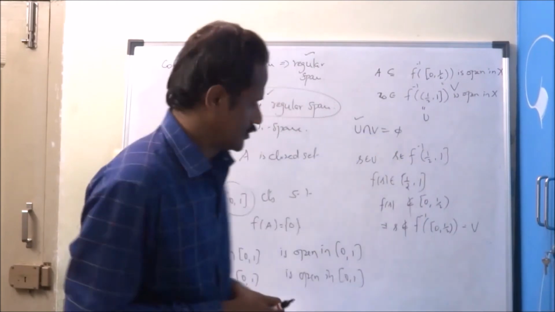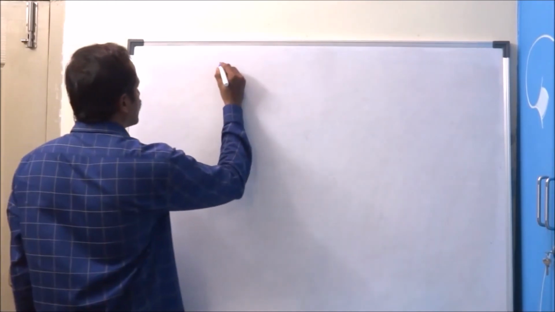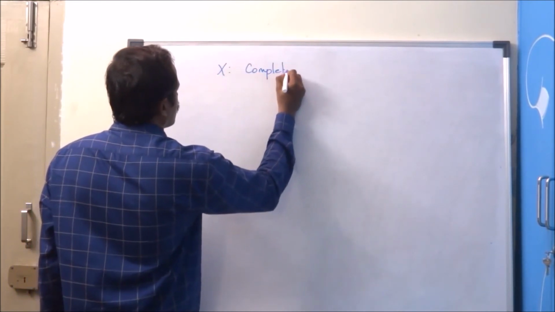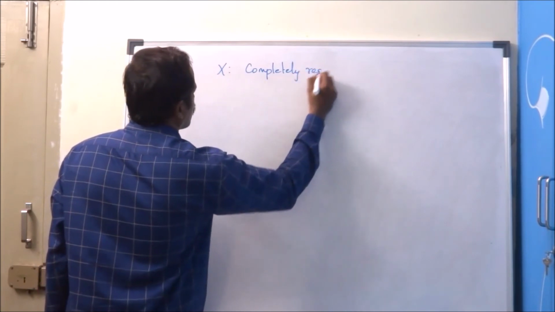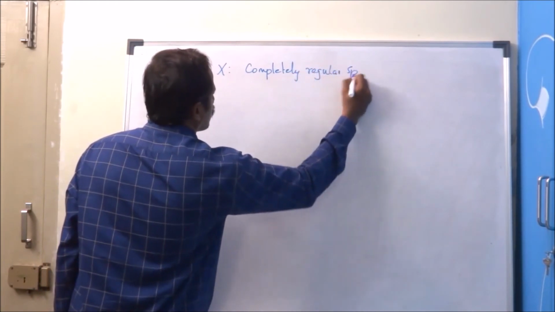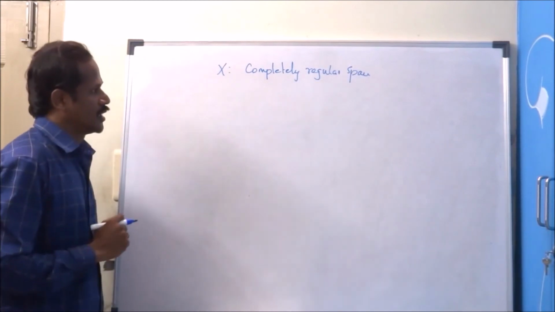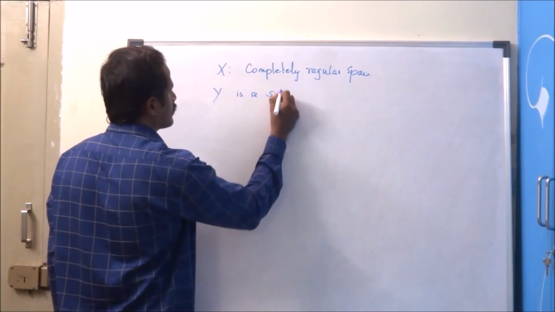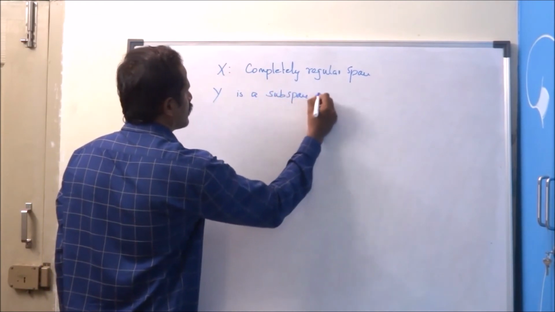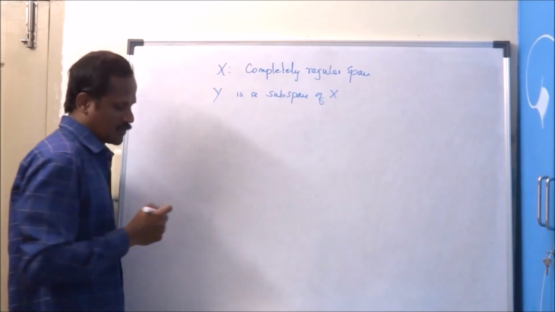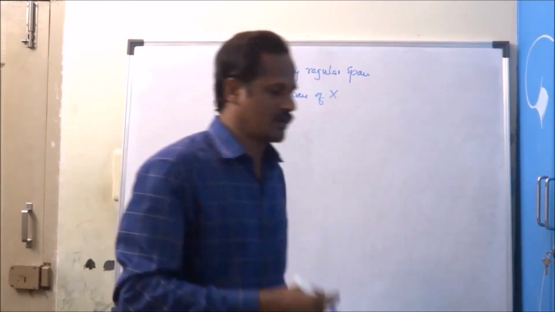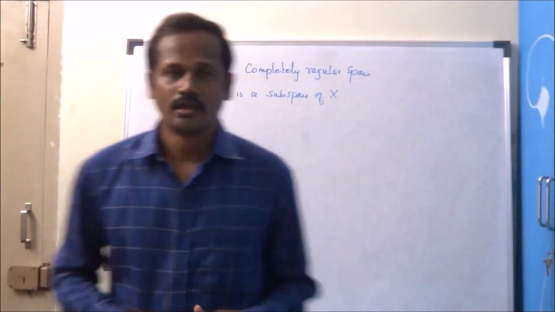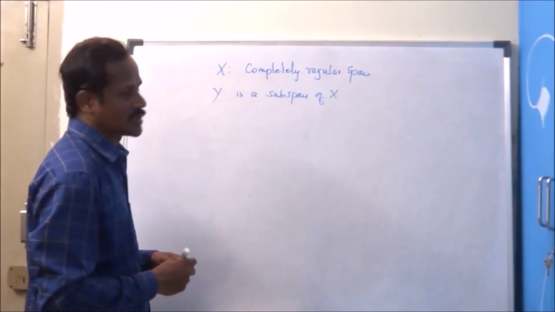So you take a completely regular space, let X be a completely regular space, and Y a subspace of X. We shall prove that Y is also completely regular. Basically, X is a T1 space, therefore every singleton set is closed in X.